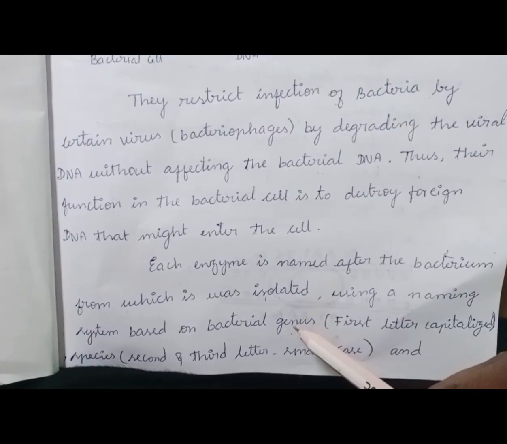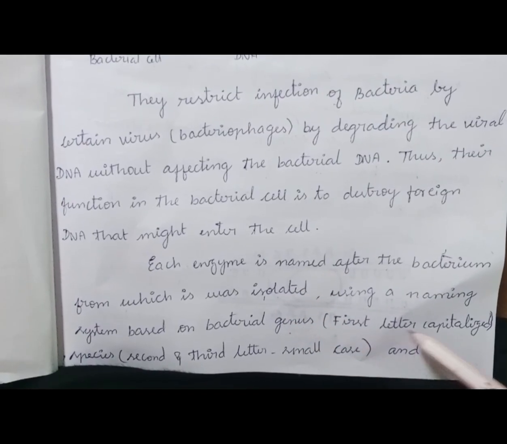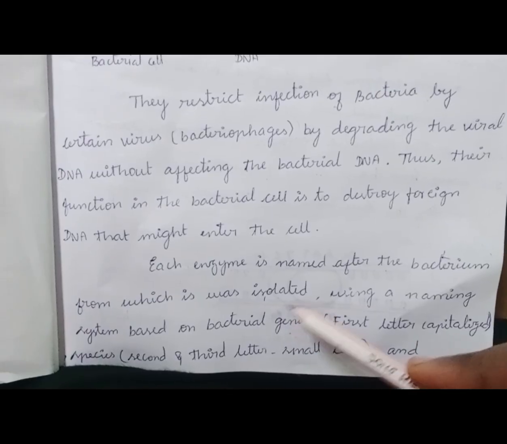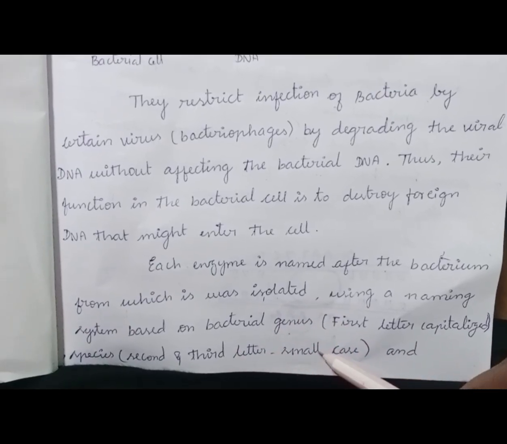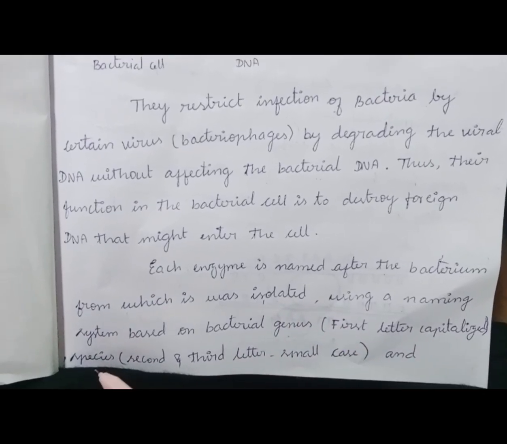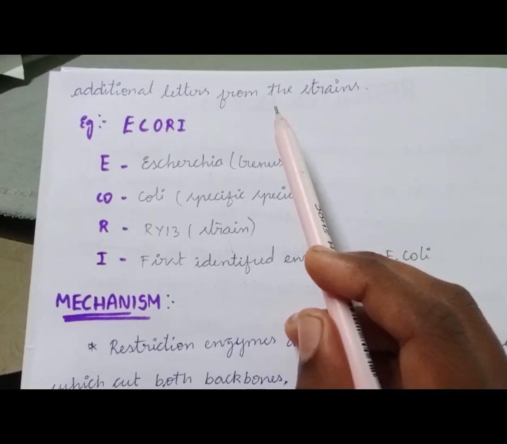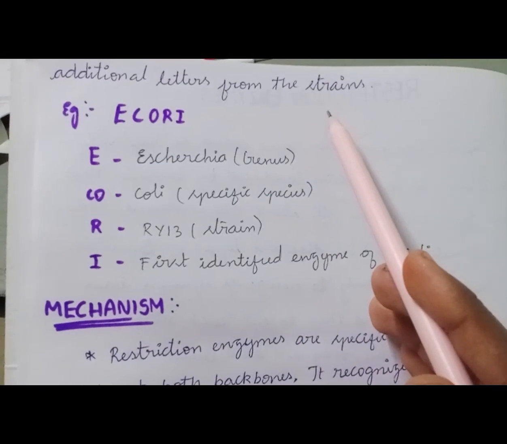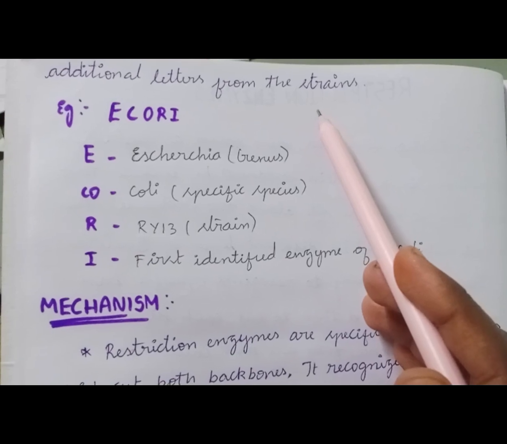The first letter is capitalized and comes from the bacterial genus name, the second and third letters are in small case and come from the species name, and additional letters come from the strain, such as rough strain or smooth strain.